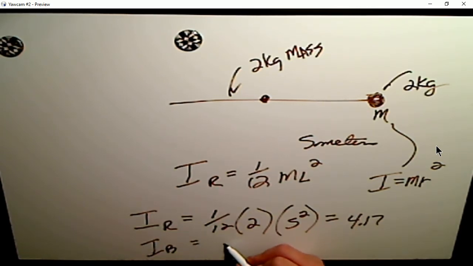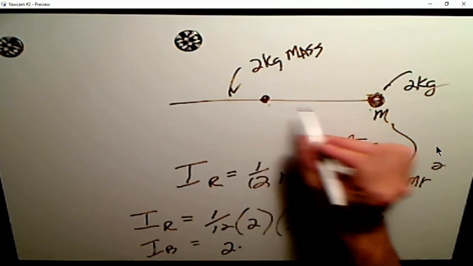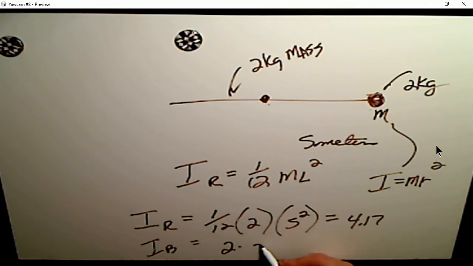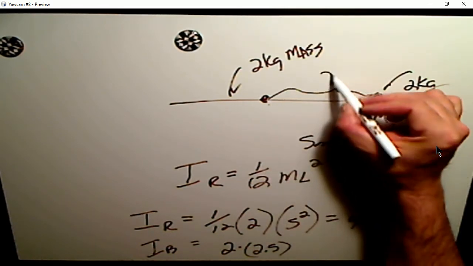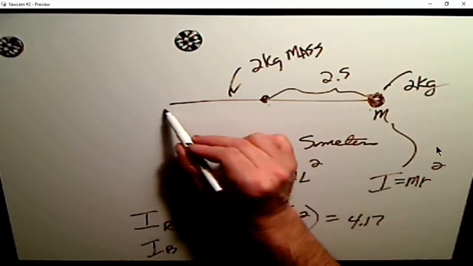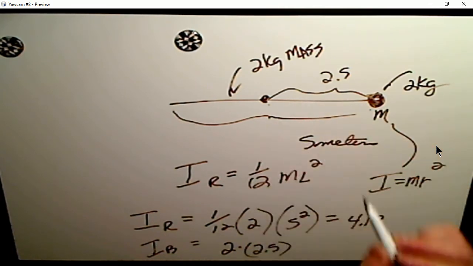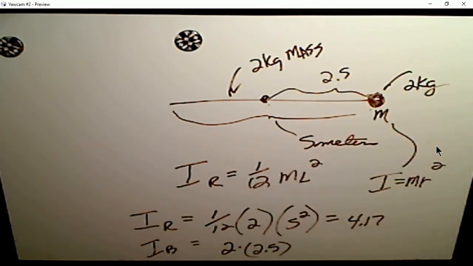The moment of inertia of the ball on the end is mr squared, which is 2 times the radius here, which is only 2.5 meters, right? We're off this point here is 2.5 meters, if the whole thing is 5 meters, squared, that's going to give me 12.5.